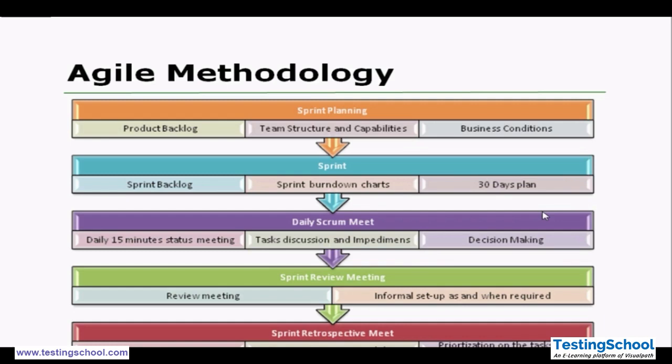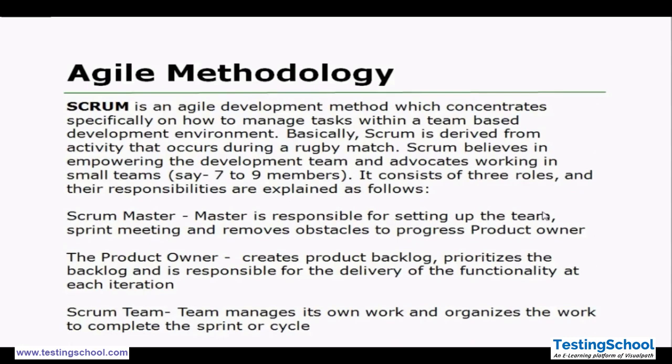So this is the agile methodology chart in which we have the different points which we follow in our agile model. Now let's see the agile model. We call this Scrum. Scrum is an agile development method which concentrates specifically on how to manage tasks within a team in a development environment.